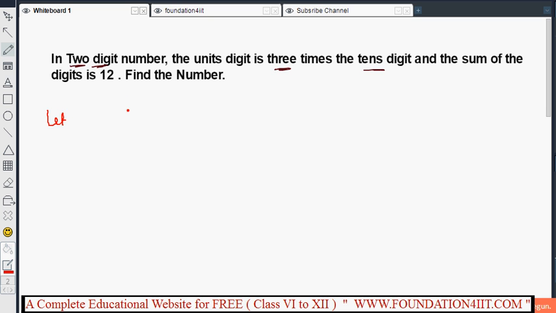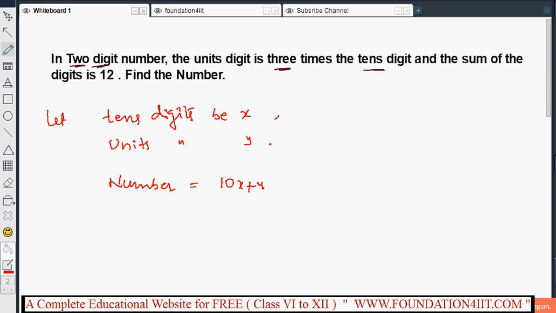Let the tens digit be x and the units digit, I'm taking some y. So as explained previously, we can write the number. So the number is equal to tens digit is x, so 10x plus y. Right? So this is the number now.